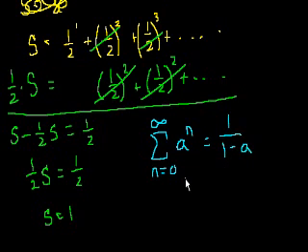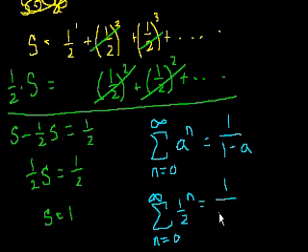So your natural reaction would have been, the sum of n equals 0 to infinity of 1/2 to the n would be equal to 1 over 1 minus 1/2, which is 1 over 1/2, which would be equal to 2. And you'd be like, my God, what did I do wrong there?